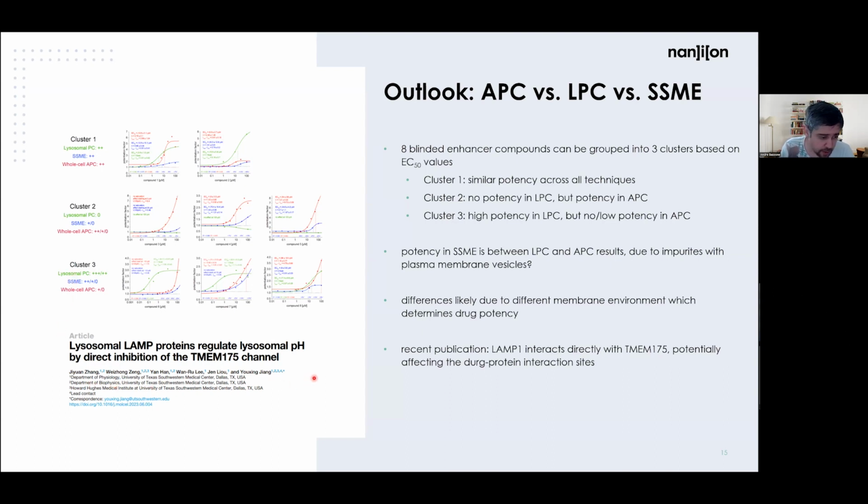And luckily, just a few weeks ago, there was a publication showing that the LAMP proteins actually directly interact with TMEM175, and that could explain these changes. So we think that it's really important to look for compound potencies of TMEM175 in its natural environment, which will be the lysosomal environment.